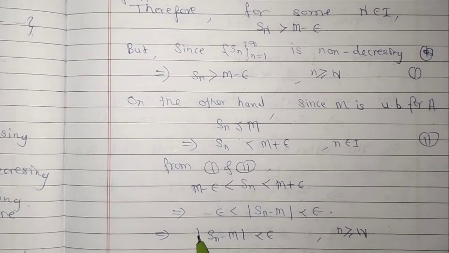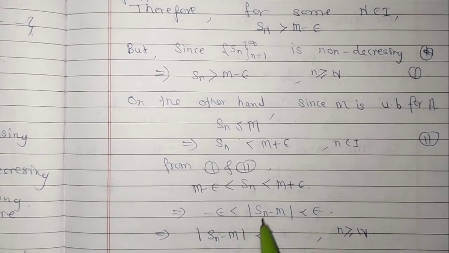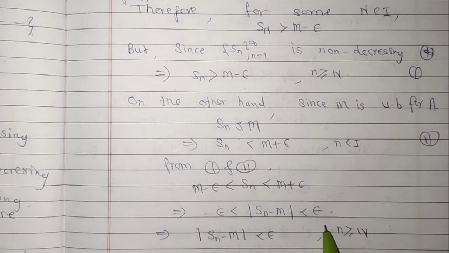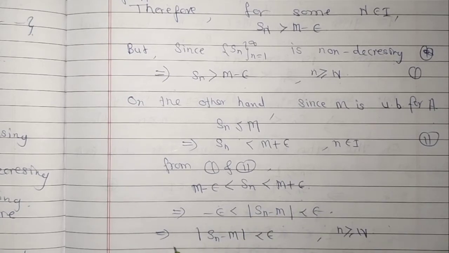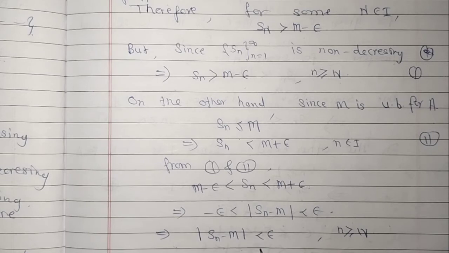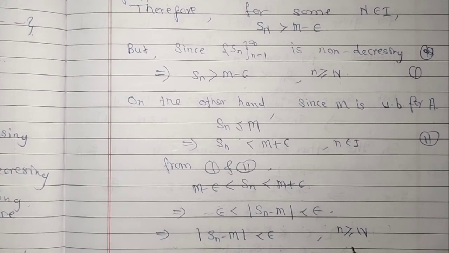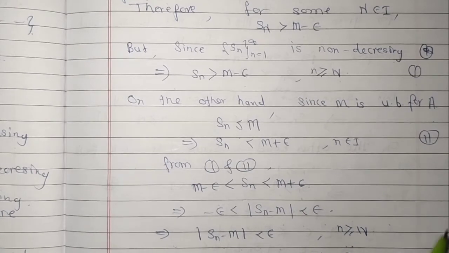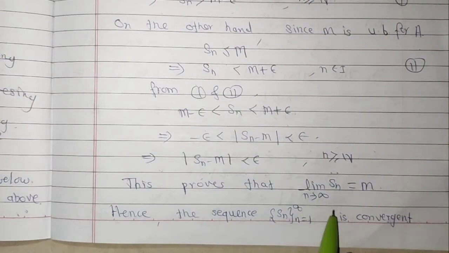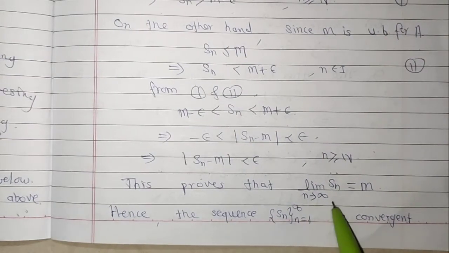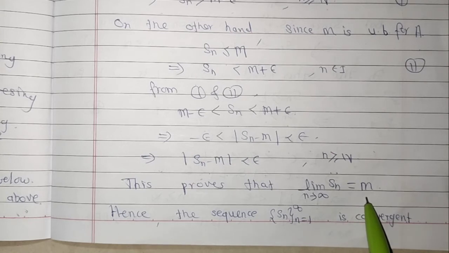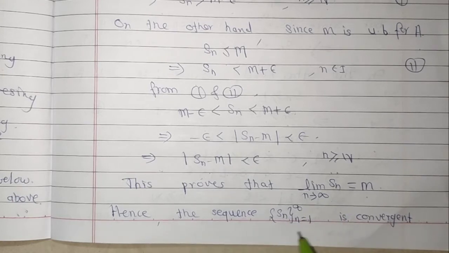This implies minus epsilon is less than Sn minus M is less than epsilon, that is, modulus of Sn minus M is less than epsilon for n greater than or equal to capital N. This proves that the limit of Sn as n tends to infinity equals M. That means the sequence Sn, n going from 1 to infinity, is convergent. It converges to M.